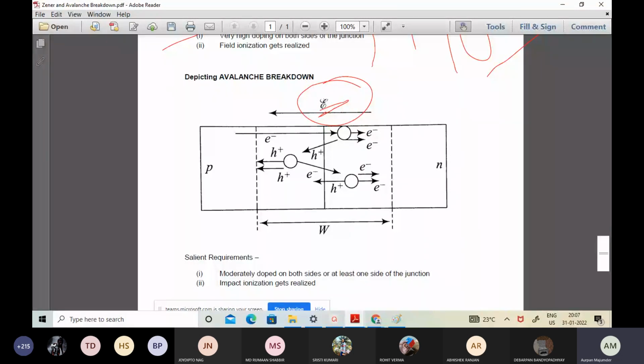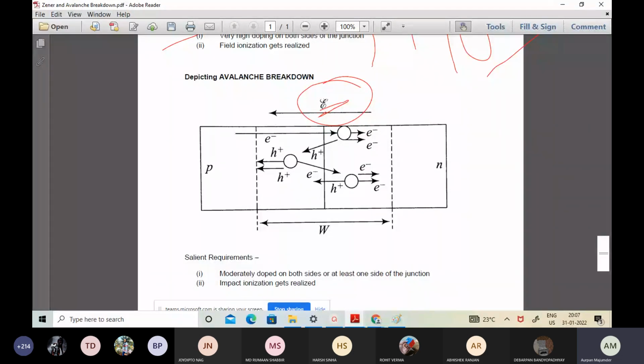I mean, holes are created in the valence band with electrons in the conduction band. So that level of kinetic energy gets developed by the carrier, which is essential for a carrier to be torn off from its covalent bond and put into the conduction band, surpassing the forbidden energy.